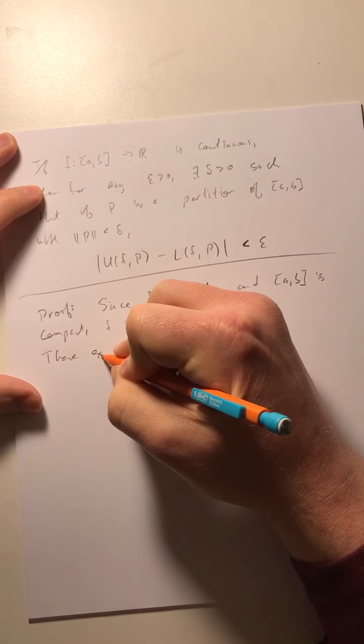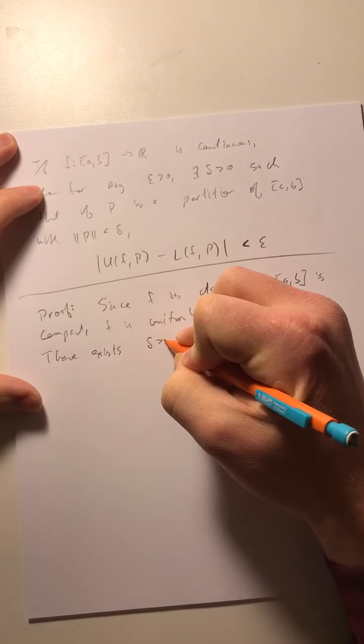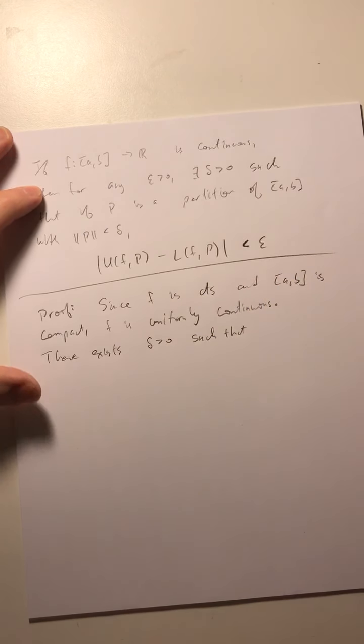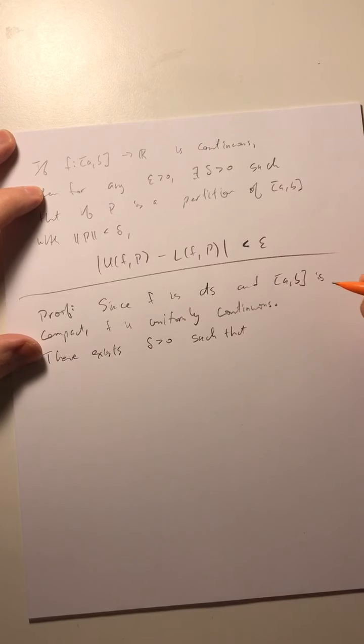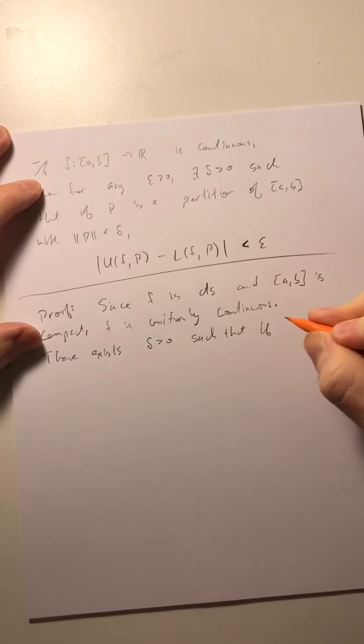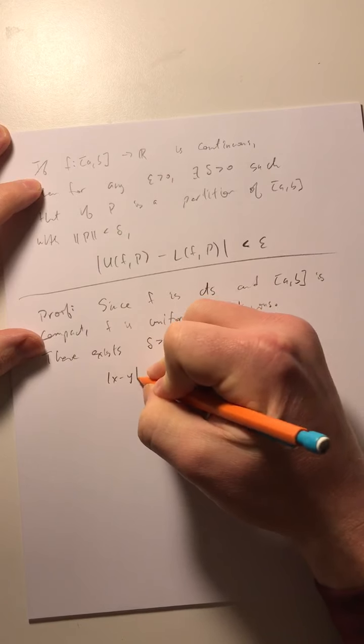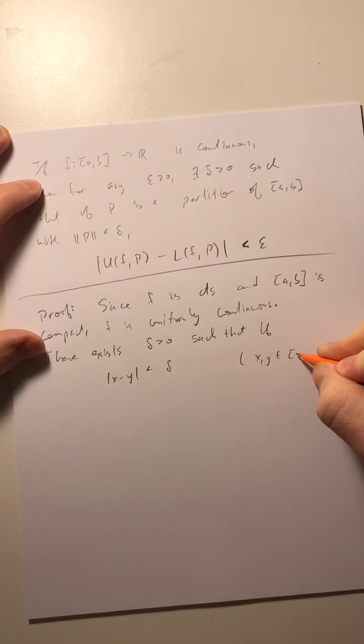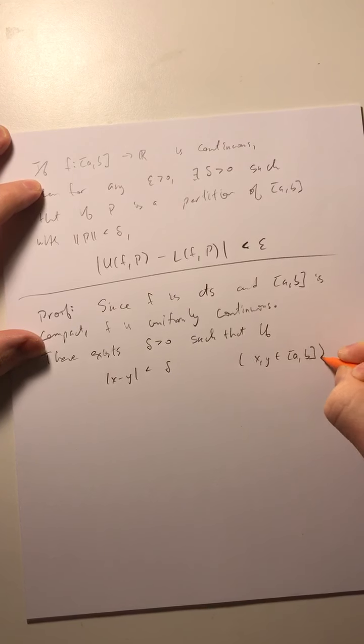there exists delta greater than 0 such that if the distance from x to y is less than delta, here I'm obviously only talking about x and y in the domain of the function.